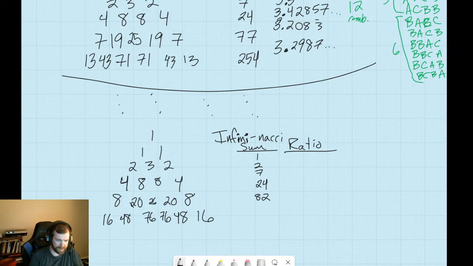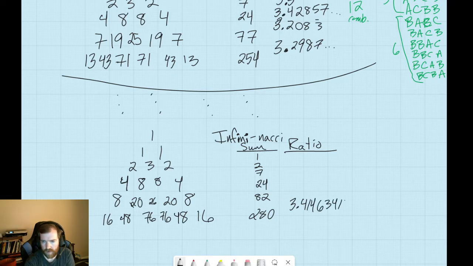And 16 is going to be 280. 280 divided by 82 is going to be 3.4146, 415. 82 over 24 is 3.416 repeated. 24 over 7 is 3.42857. Right, and then 3.5. And then 2.